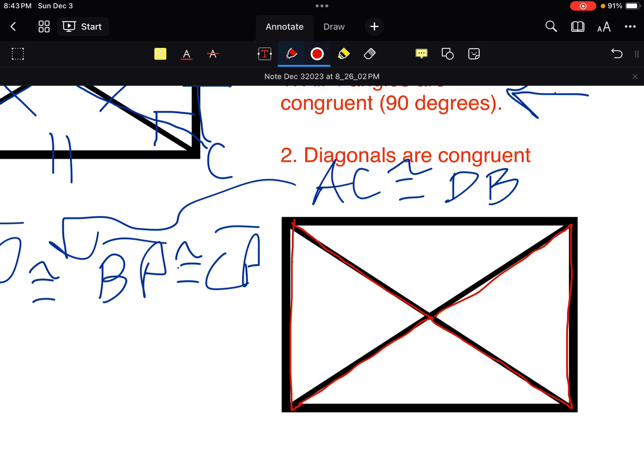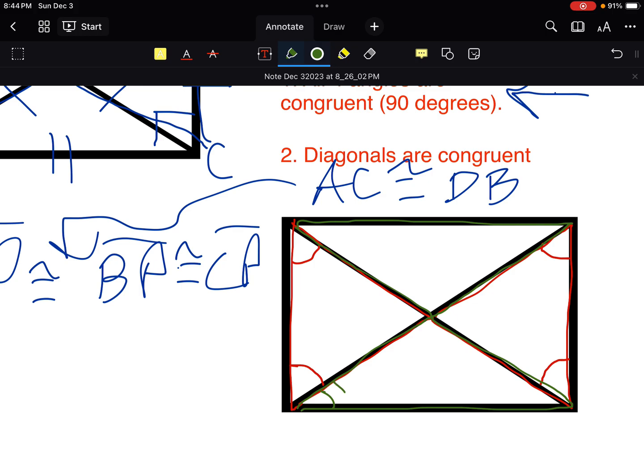So what does that tell me? Whatever this angle is has to be congruent to that angle because it's isosceles. Because they're congruent triangles, these two angles must be congruent. So all four of those angles are congruent. Furthermore, we can look at the angles for this green one. This triangle is isosceles, and it's congruent to this triangle, which is isosceles.